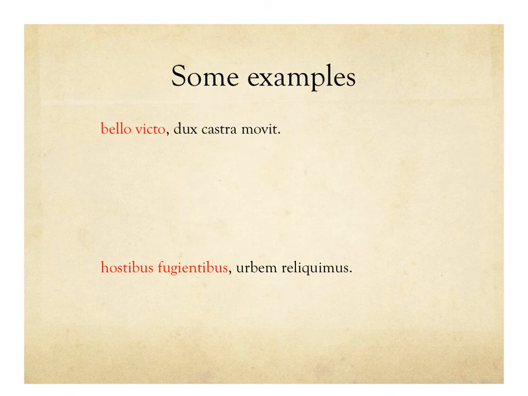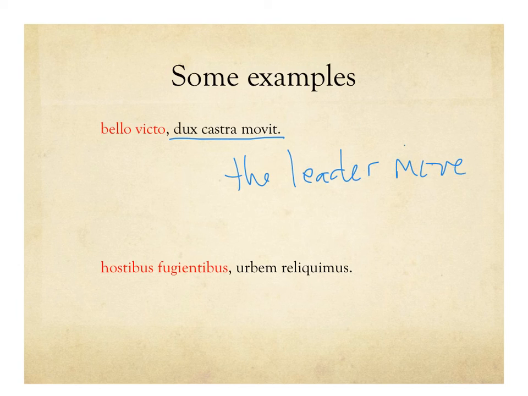Here are a couple of examples. Bello victo dux castra movit. So you can see that our main sentence is dux castra movit. The leader moved the camp.